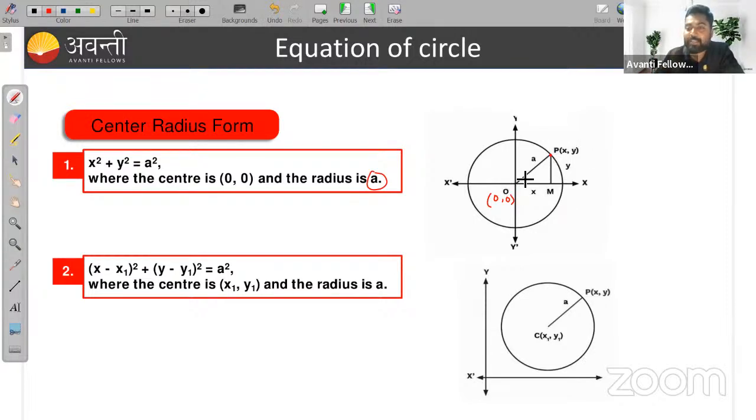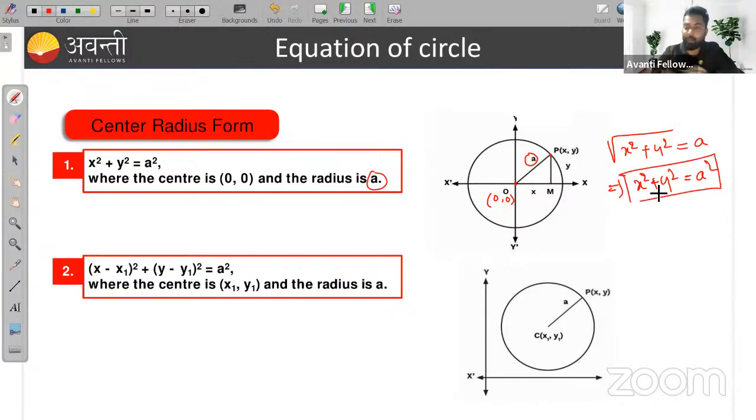Then the distance between this point P and the origin is under root of (x minus 0) square, that is x square, plus (y minus 0) square, that is y square, which is equal to a. So if I square both sides, what you will get? x square plus y square is equal to a square. So this is the equation of circle when the center is at origin.